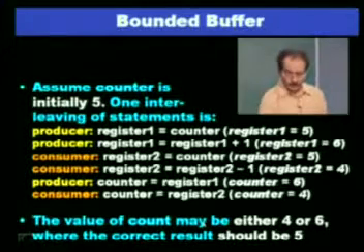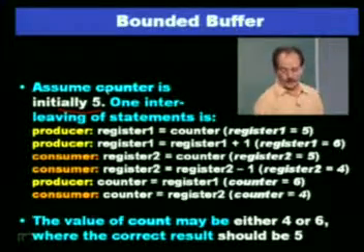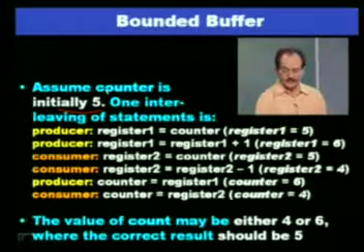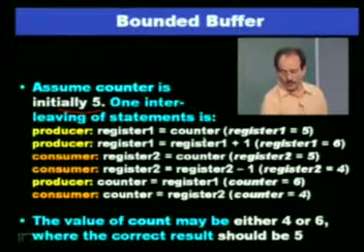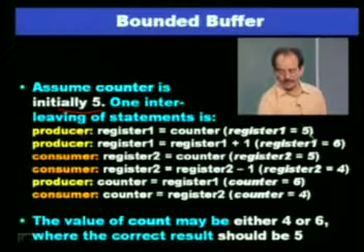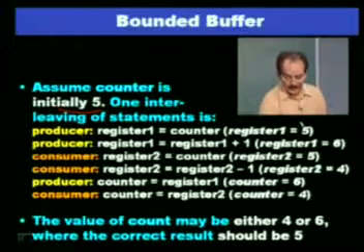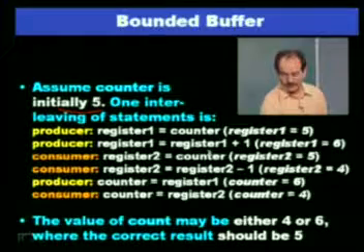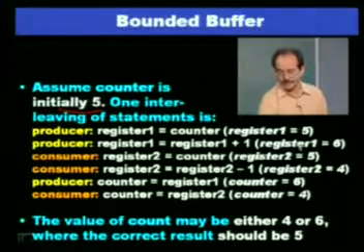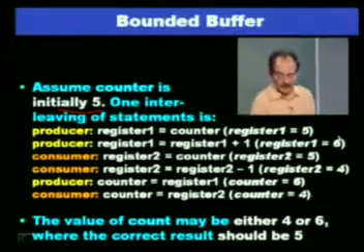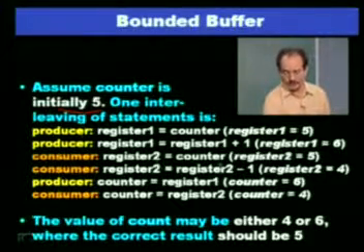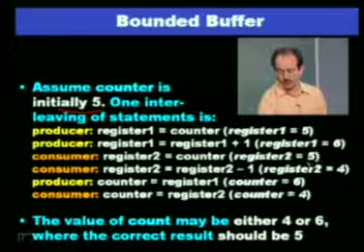Let us assume we initially have the counter as 5. One interleaving can be: producer says register 1 is equal to counter, register 1 is equal to 5, and producer says register 1 is equal to register 1 plus 1. That means the value of register 1 will become 6. My next consumer statement is register 2 is equal to counter, and register 2 is equal to 5.